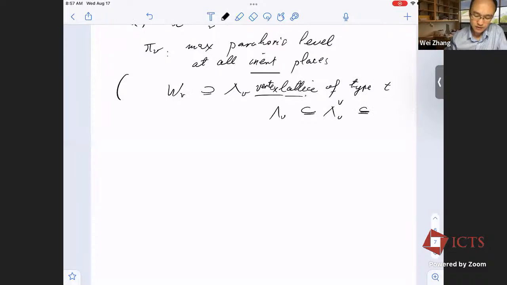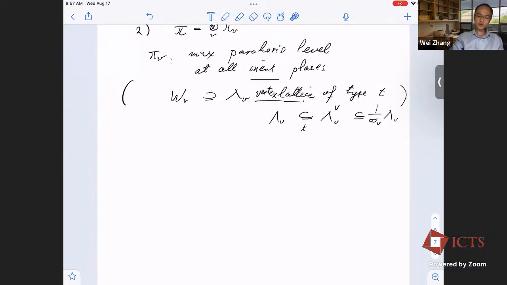But the condition is that the dual lattice should be squeezed between lambda_v and 1 over the uniformizer pi_v, the local uniformizer. The type t is the length, the dimension of the quotient of the dual lattice by the lattice itself.